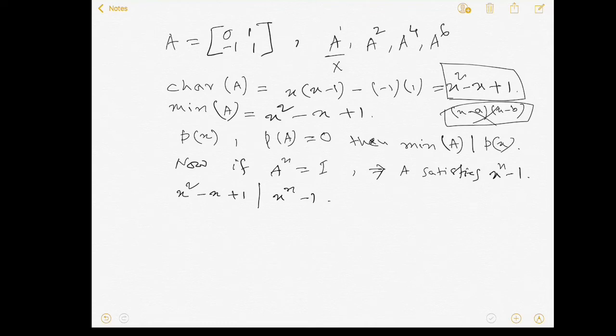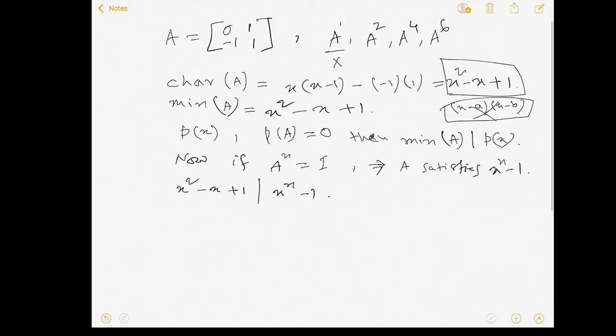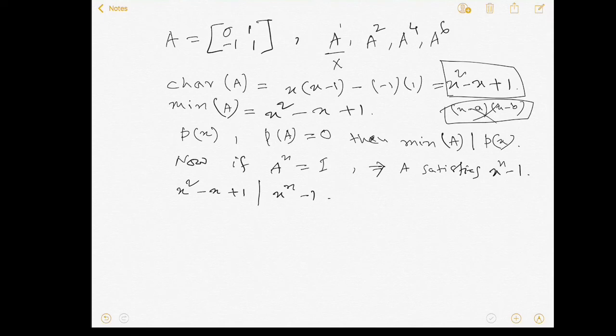Now for which n x square minus x plus 1 divides x to the power n minus 1, that should be the answer. So for which minimum n? So n equal to 1 is of course not possible, as we have seen already, because A to the power 1 is A is not identity, and here also if n equal to 1, then x to the power n minus 1 is nothing but x minus 1, and x square minus x plus 1 cannot divide that.